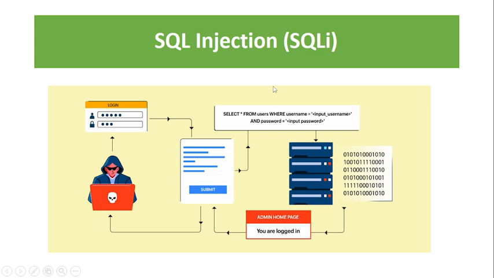Whenever we log into the system, we have a username and password. When the user enters their correct username and password, they get access to their account. But how can the attacker perform a SQL injection attack and get access to the admin account?